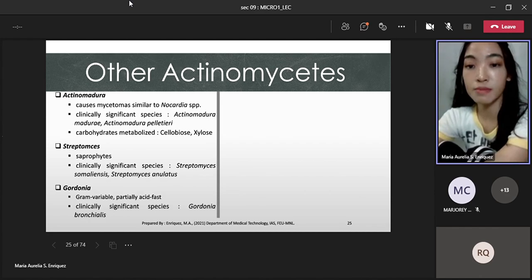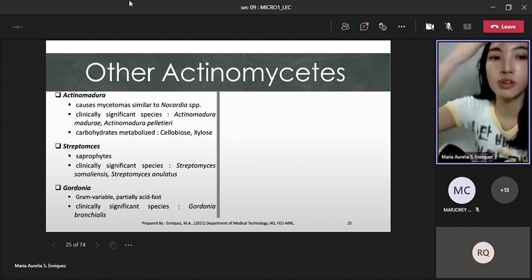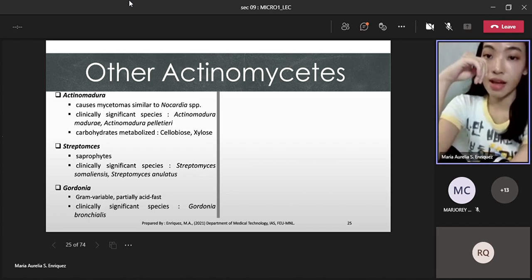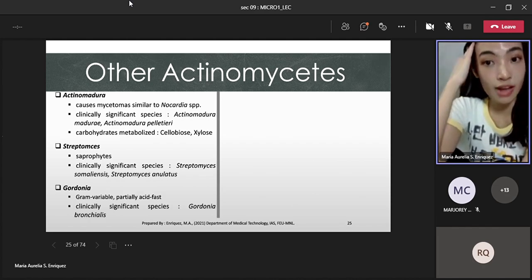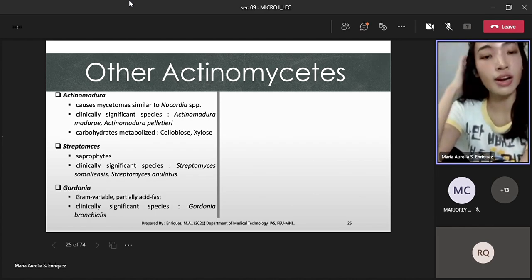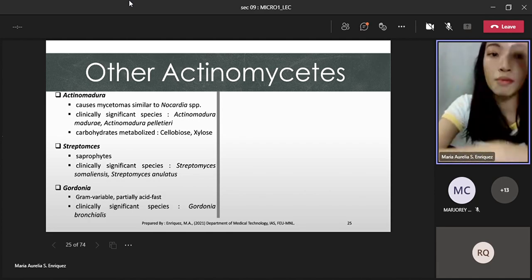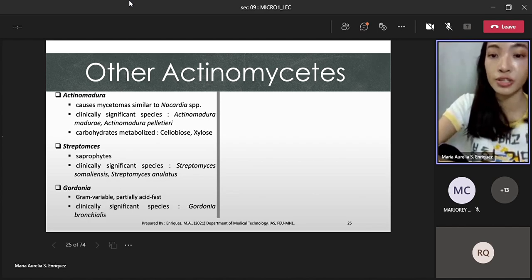So these organisms can be identified using metabolic variations. So dahil magkamukha sila microscopically and macroscopically, ang gagawin natin, magbabiochemical testing tayo para ma-differentiate natin yung Actinomadura versus Nocardia species. Okay? So one test that we could perform is the carbohydrate utilization test.